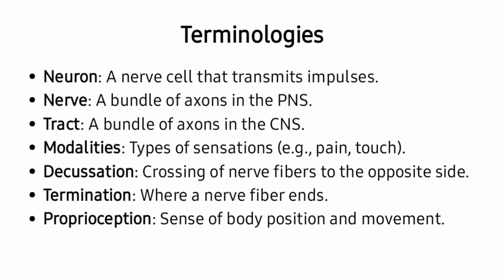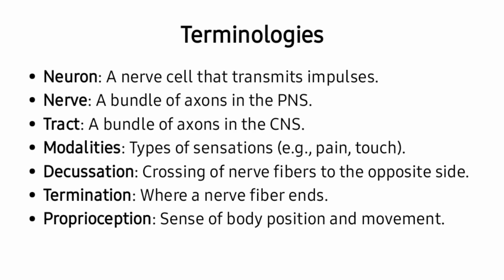That's where action potentials travel, initiated from the axon hillock. So a nerve is a bundle of axons in the peripheral nervous system. So axons of neurons in the peripheral nervous system make up a nerve. Then a bundle of axons in the central nervous system makes up what?